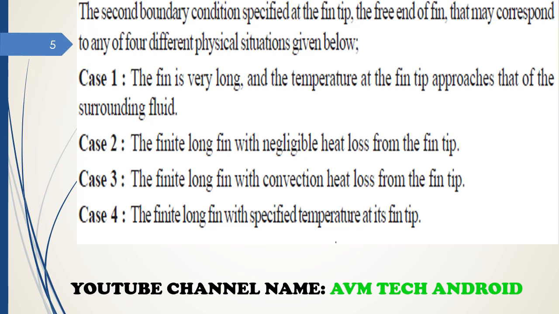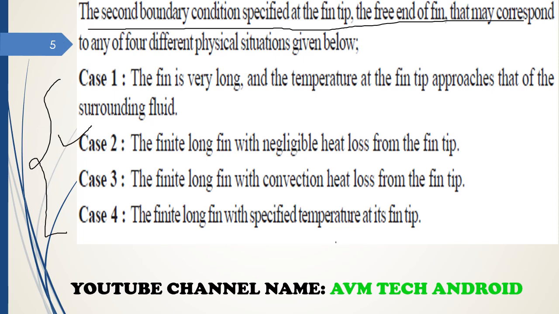So friend, in the last video, the link to which is available in the description box, you can find that the first boundary condition is available with us, and for the second boundary condition we have these four different cases. Out of all four cases we are considering the first case in this lecture. In the coming lectures we will go for the second, third and fourth cases.